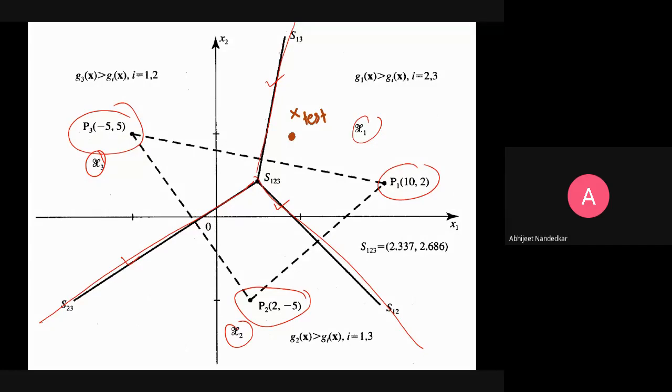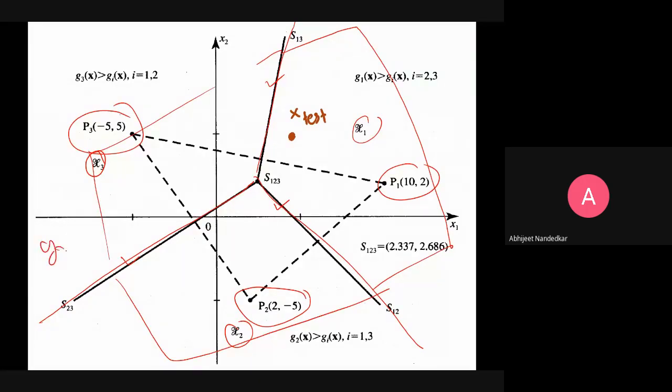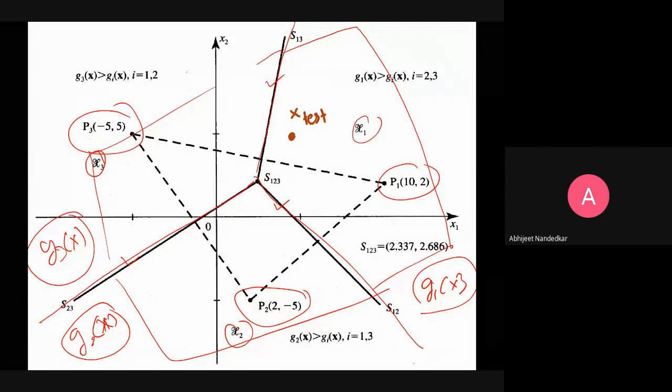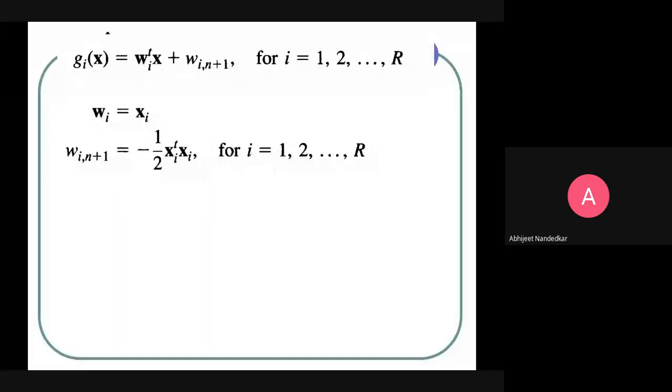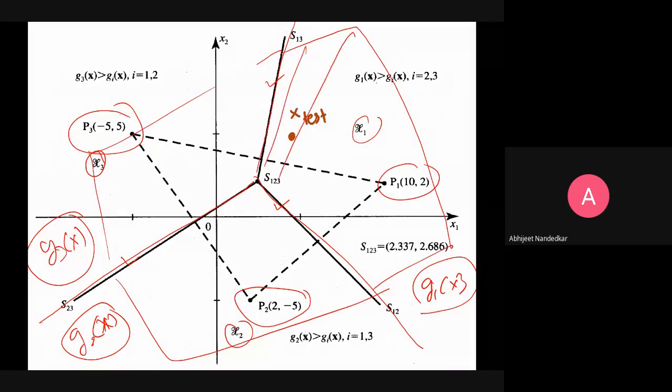Instead of that, I'm going to form 3 different functions: G1(x) for class 1, G2(x) for class 2, and G3(x) for class 3. So 3 functions will be designed. Basically they are planes in this case, and I know how to find their equations given a prototype.